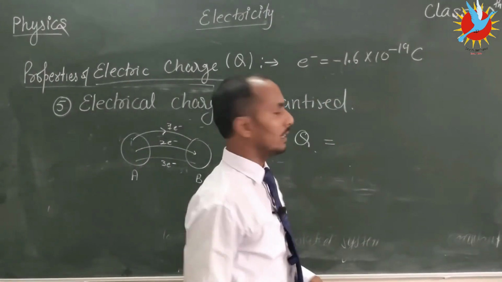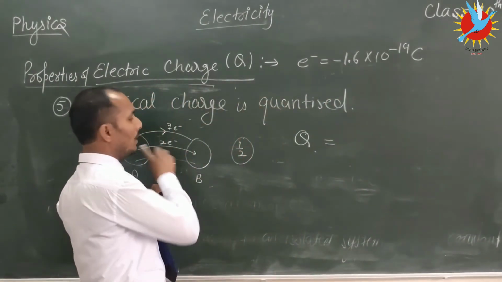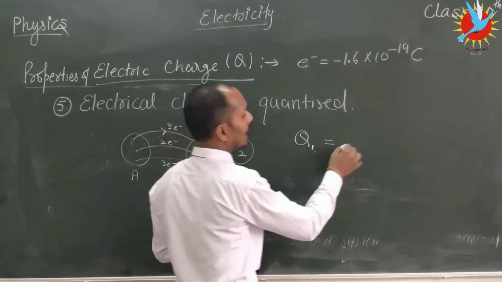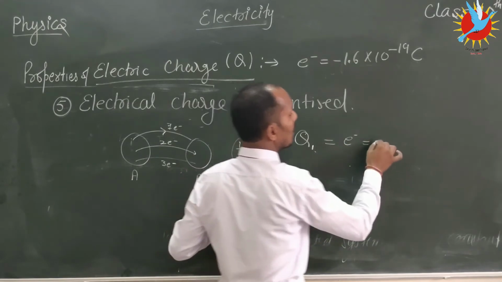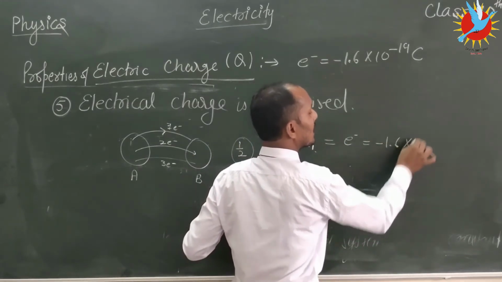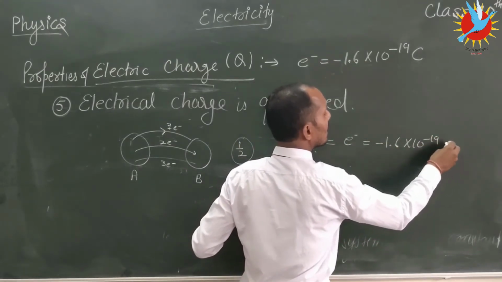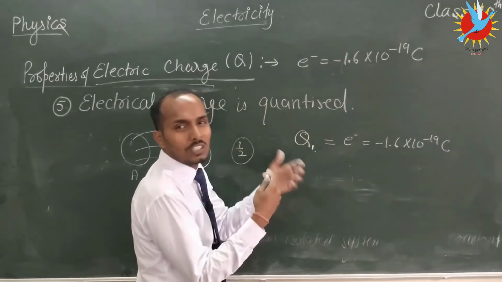If one electron is transferred, then the charge due to one electron is equal to minus 1.6 into 10 raised to power minus 19 coulomb. 1.5 electrons is not transferred.